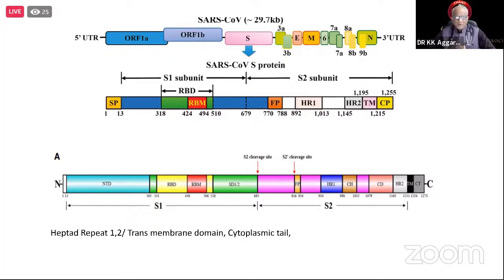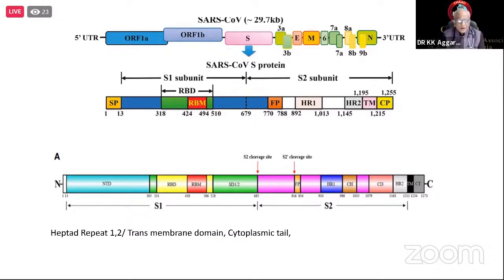Then we have S protein, which has 3 leaflets. It's a trimer type, and each one has an S1 and S2 unit. So there are 3 spike proteins. They merge together to become one spike. Each spike protein has an S1 subunit and an S2 subunit. S1 subunit has RBD and RBM.